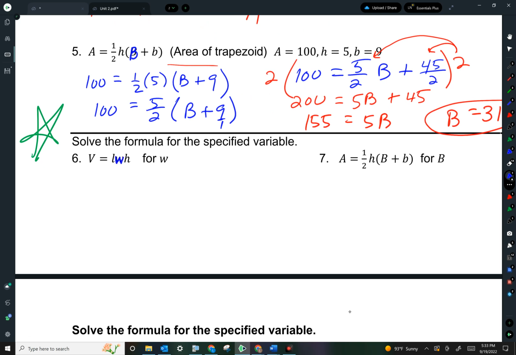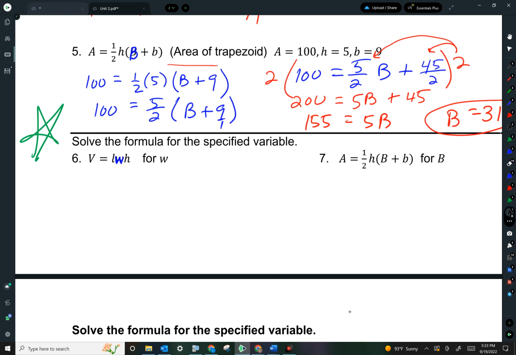Okay, well, we use the same solving skills. If there's anything being added or subtracted, great, I would get rid of that. In this case, there's not. So what do I need to get rid of? The L and the H. Well, right now, isn't W being multiplied by both the L and the H?